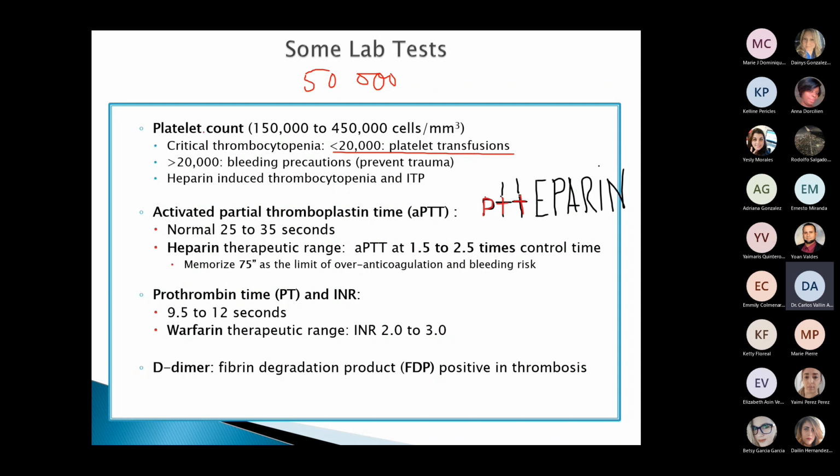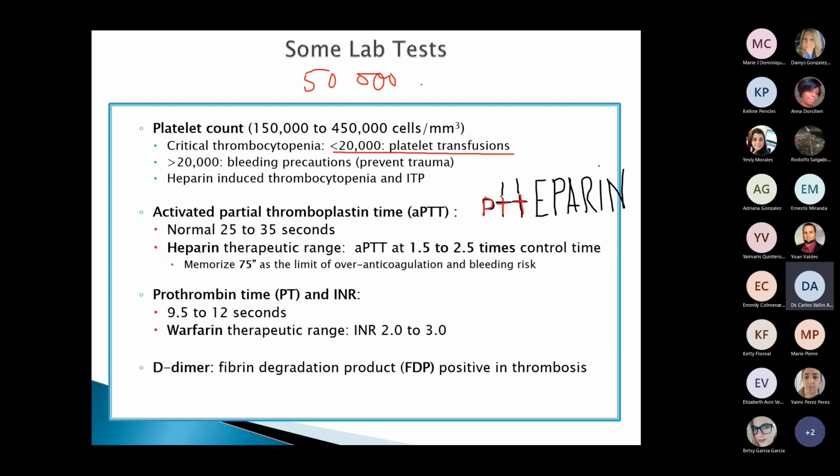So if you have a person with low platelets, but more than 20,000, what you do is to initiate bleeding precaution. And the most important bleeding precaution, Nclex question, is don't allow the patient to have a trauma. So reduce to the maximum the possibility of falling or having any kind of trauma. So obviously you are going to be very careful if the person is an adult to avoid falls.